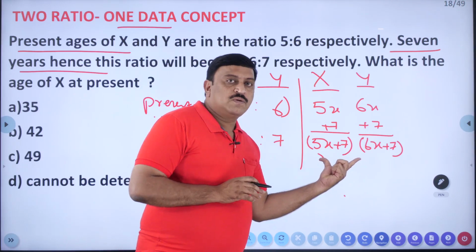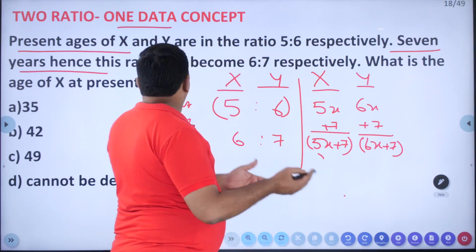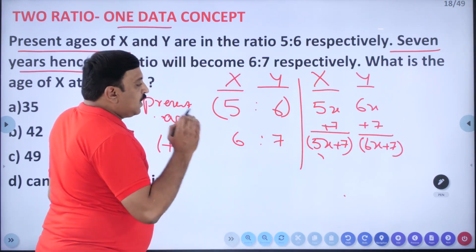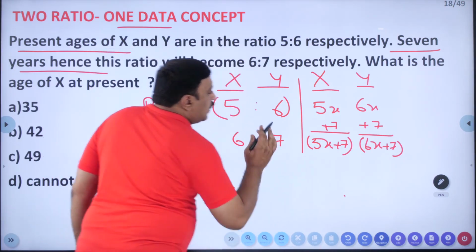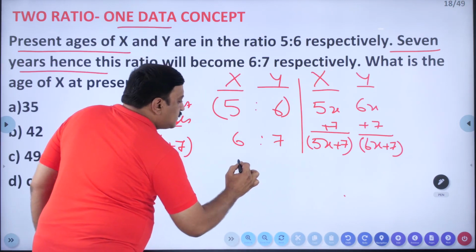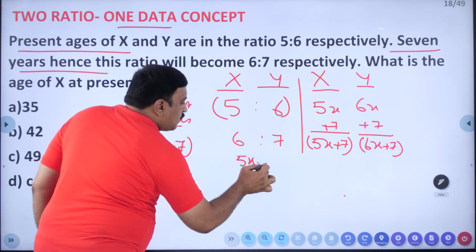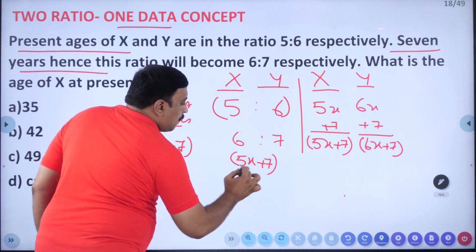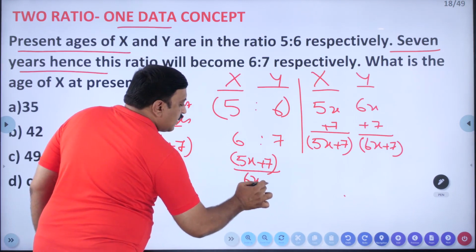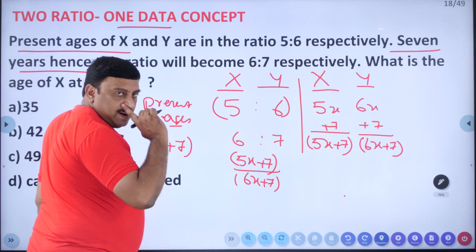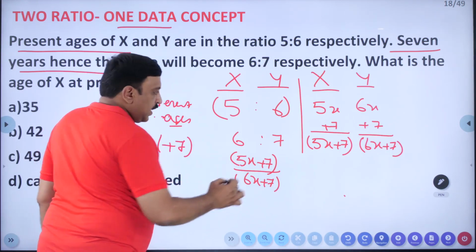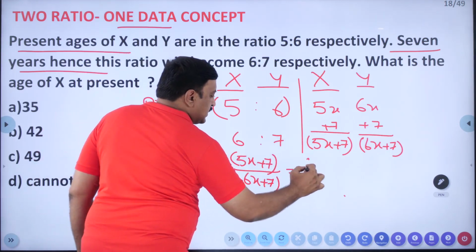Now we get to the calculation part. It is nothing but 5x plus 7 by 6x plus 7. Ratio is nothing but a fraction, A is to B means A by B. So that is equal to 6 by 7.